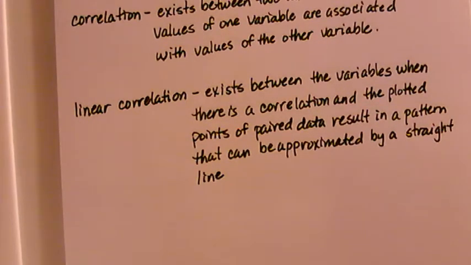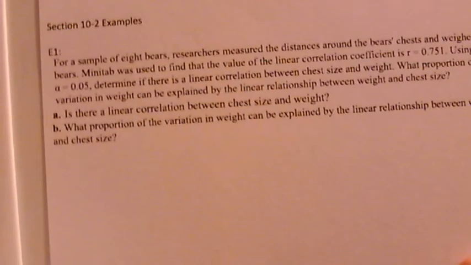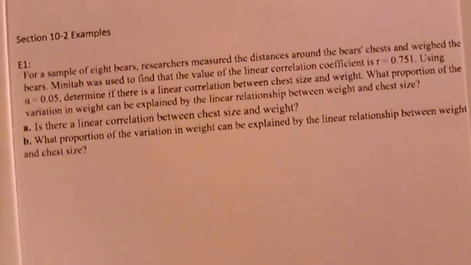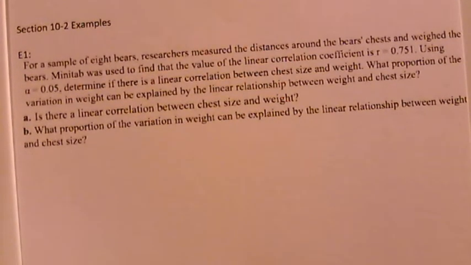Now, let's look at this first example. I'll move this out of the way. And we're going to start with a simple one right here. For a sample of 8 bears, researchers measured the distances around the bears' chests and weighed the bears.